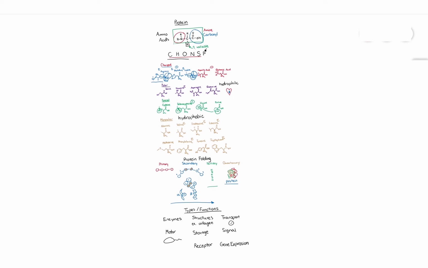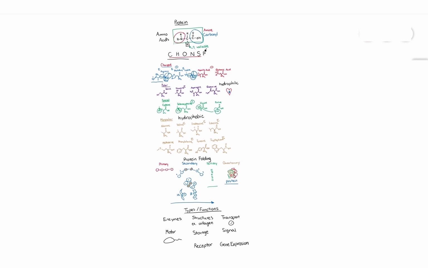And you have 21 amino acids, and 9 of them are essential for humans. You have charged, polar, special, and nonpolar amino acids, and it's incredibly important you remember the properties and the structures that are linked to these names because they dictate what occurs during protein folding.